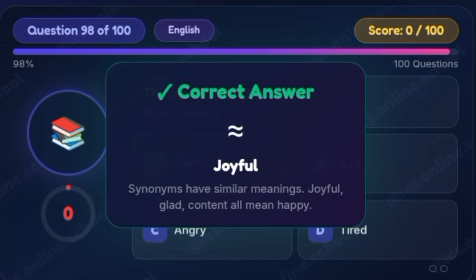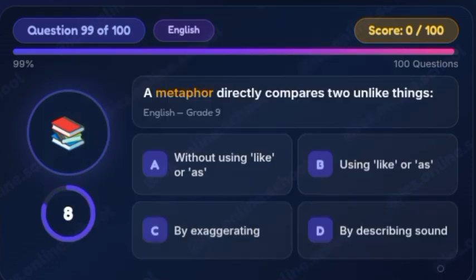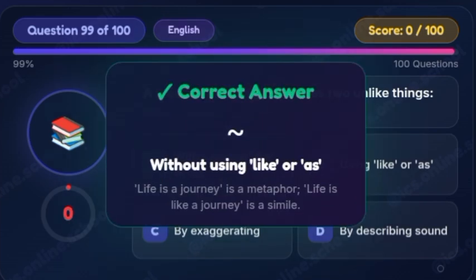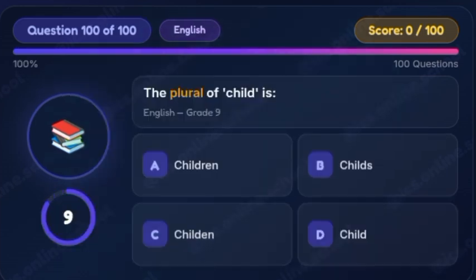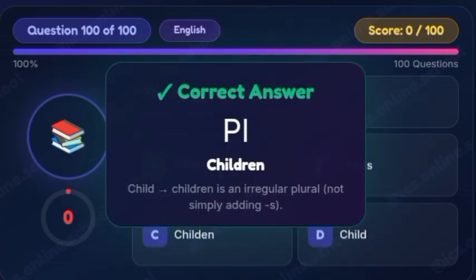Joyful. A metaphor directly compares two unlike things without using like or as. The plural form of child is children.